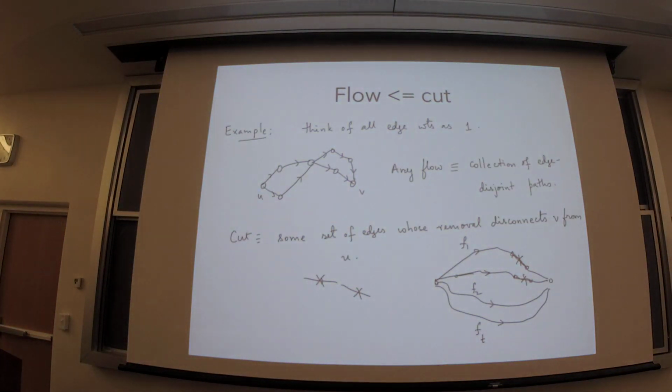So let me write this. Any... and this implies that the number of paths must be less than or equal to the number of edges, because these are edge disjoint paths.